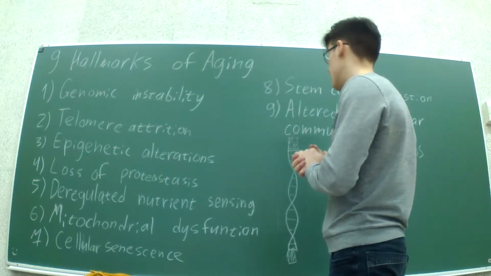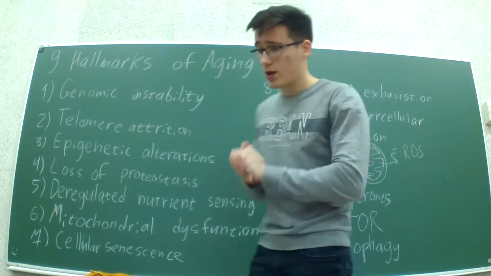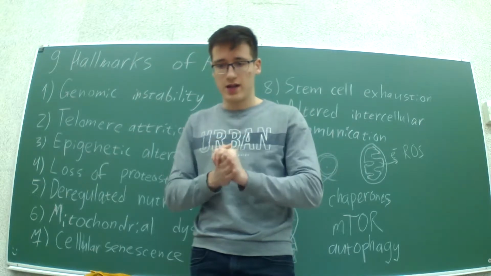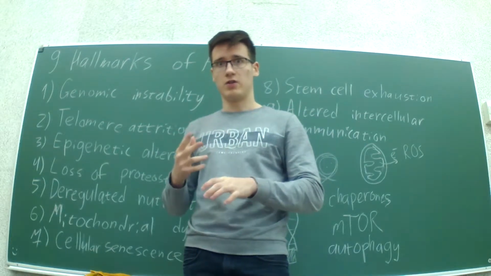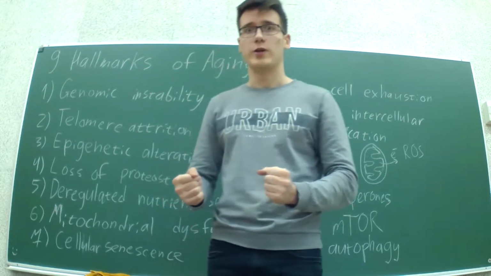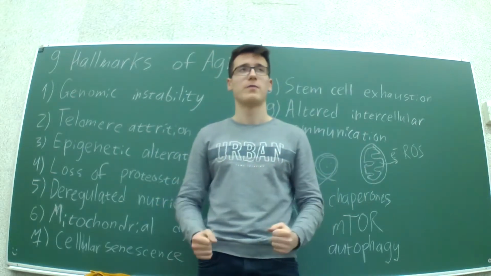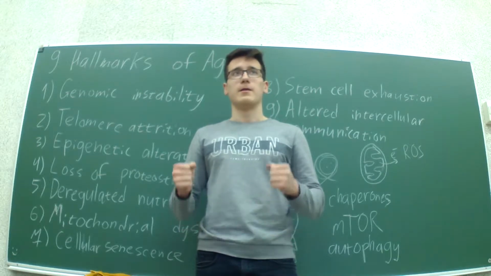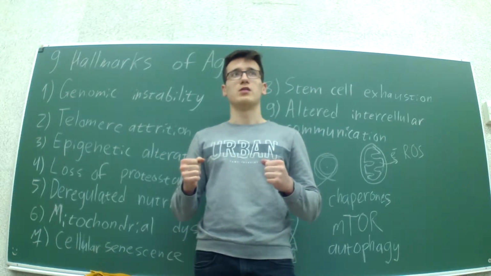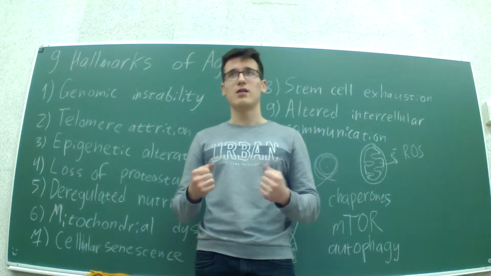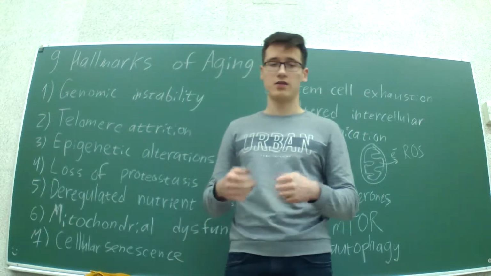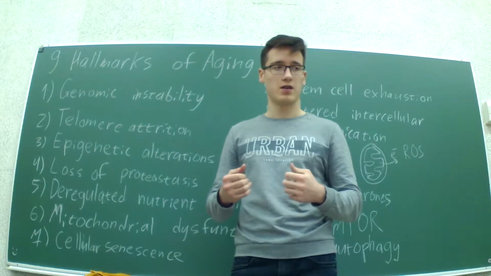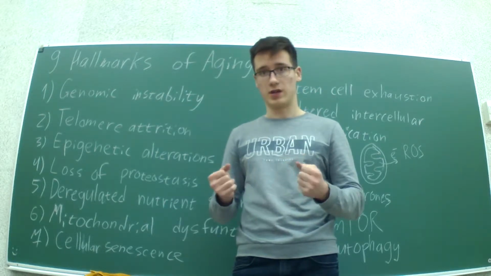So genomic instability. All the DNA in our nucleus is called our genome, which we have inherited from our parents. The genome is basically molecules of DNA, and this DNA has a coding capacity.